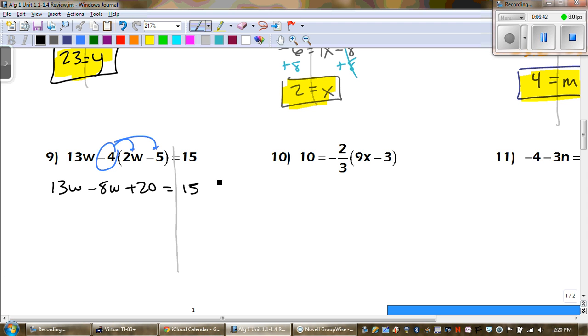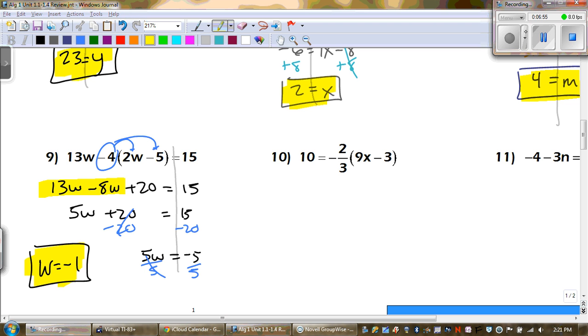You're going to need to combine your like terms and then follow the rules of SADMAP. So pause the video, and good luck. Okay, you combine and get 5w plus 20 equals 15, subtract the 20, and then divide by 5, you get w equals negative 1.